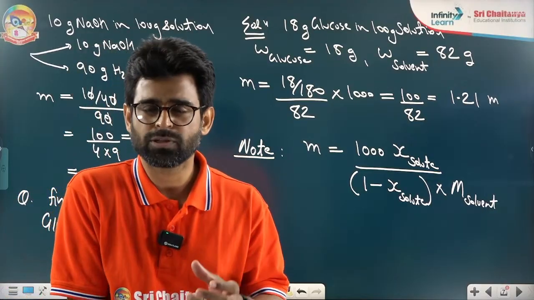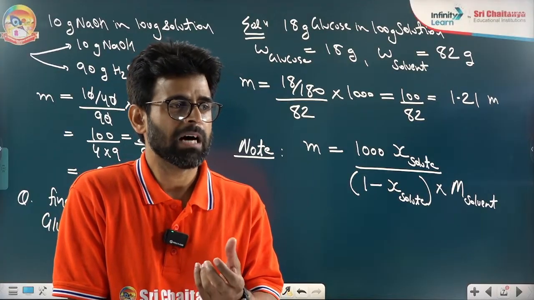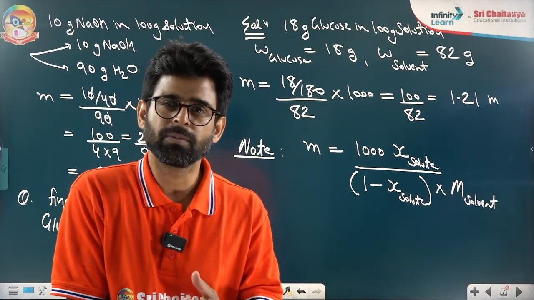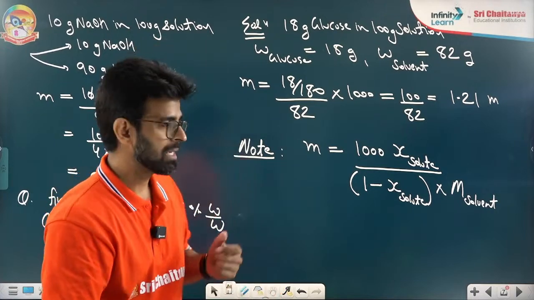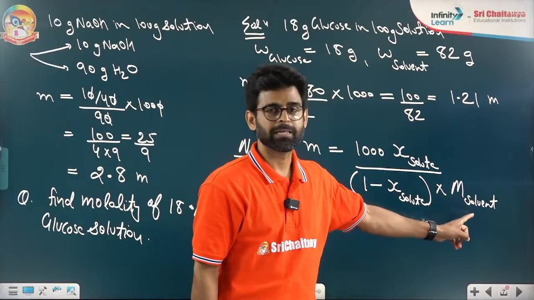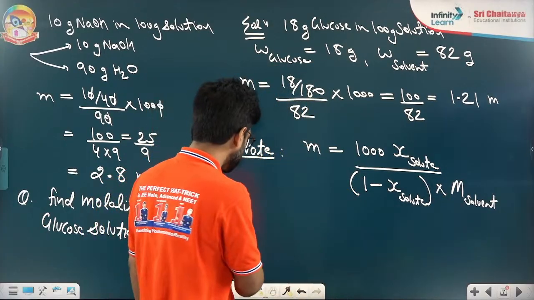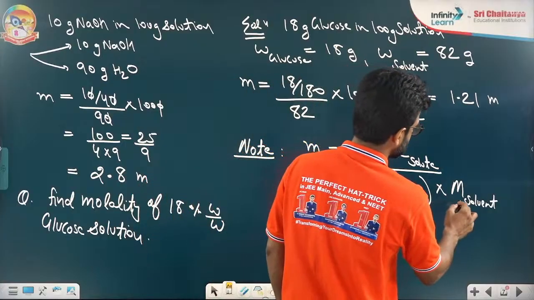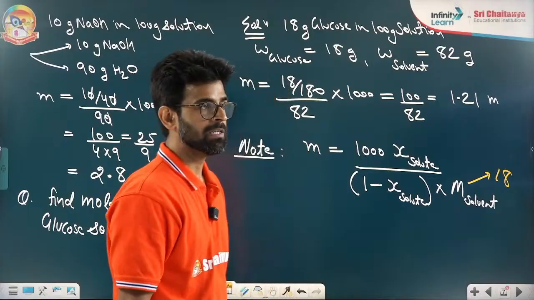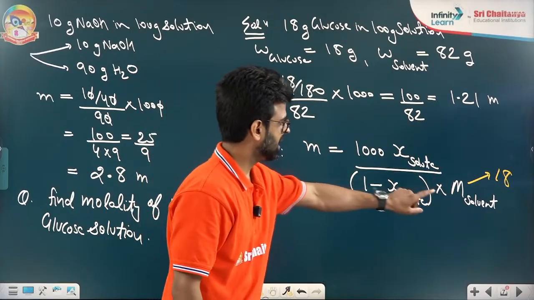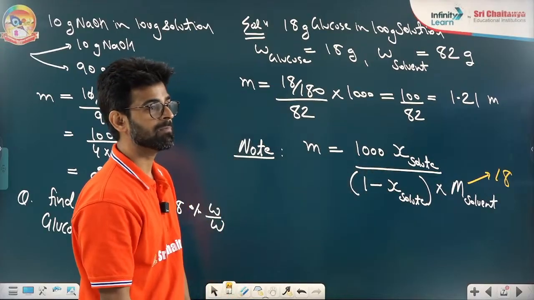In most of the questions, or I will say always, our solvent is water. So in that case, if you take solvent as water, what is the molar mass of solvent, beta? It becomes 18. So if you put this 18 here, this 18 cuts down the 1000 and it comes to 55.5.